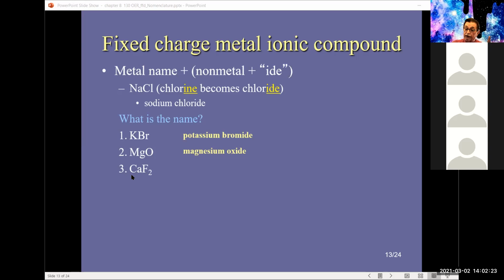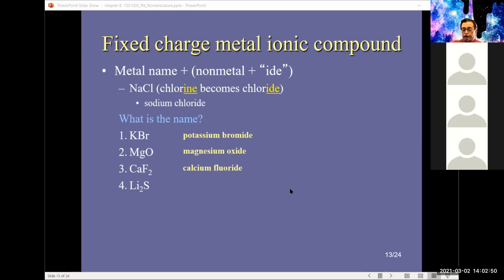But remember, there is a calcium preceding the fluorine, the two fluorines. The fact that there's a calcium in front tells you we're not dealing with fluorine, we're dealing with fluoride, because that's an ionic compound here. The name here would be calcium fluoride.